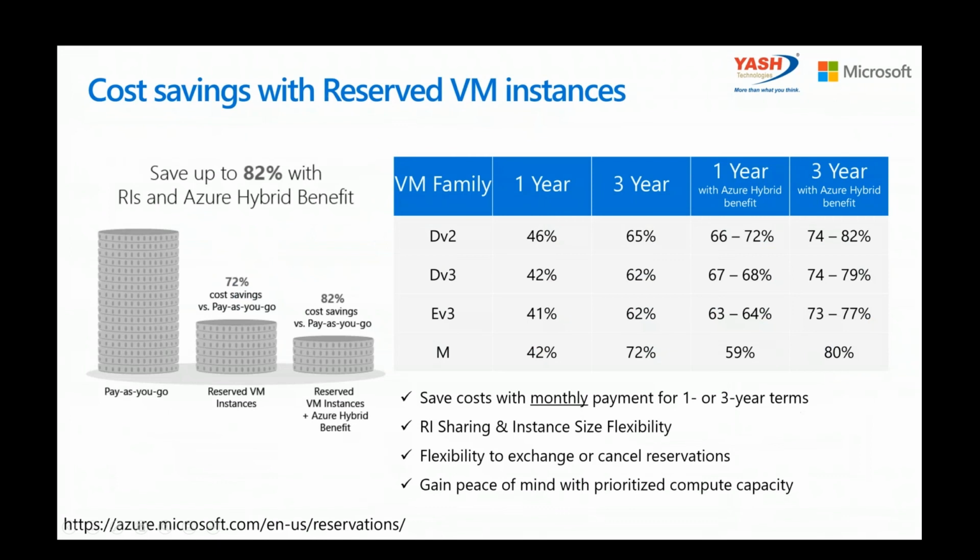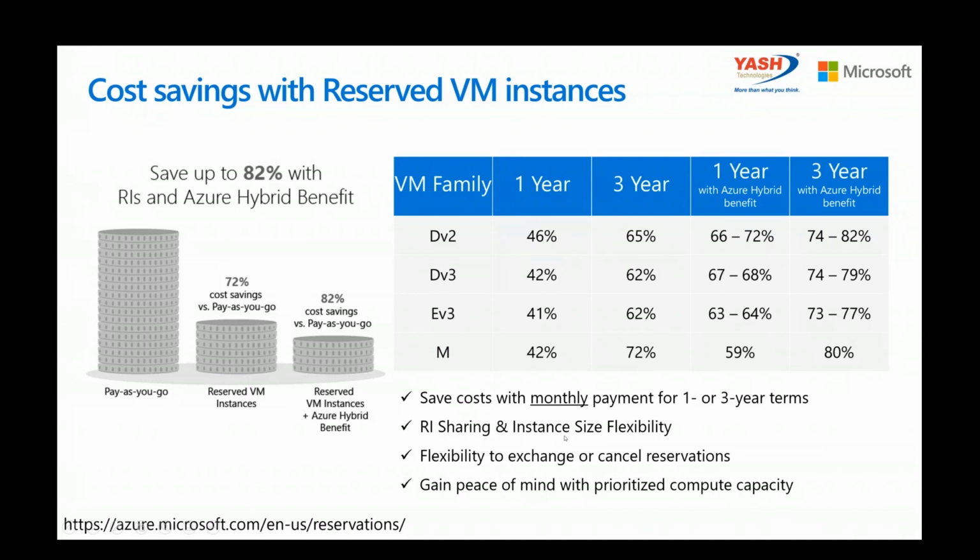In terms of cost reduction mechanisms, we have what we call the reserve instance model. Reserve instance is nothing but the concept of paying on a committed basis, whether 1 year or up to 3 years. You're actually reserving the compute capacity that you might be using for a core system such as SAP. That significantly reduces the cost depending on the VM sizes, as you can see in terms of the percentage savings here.